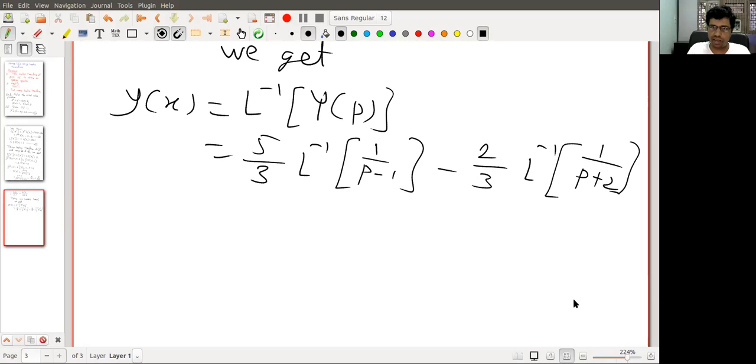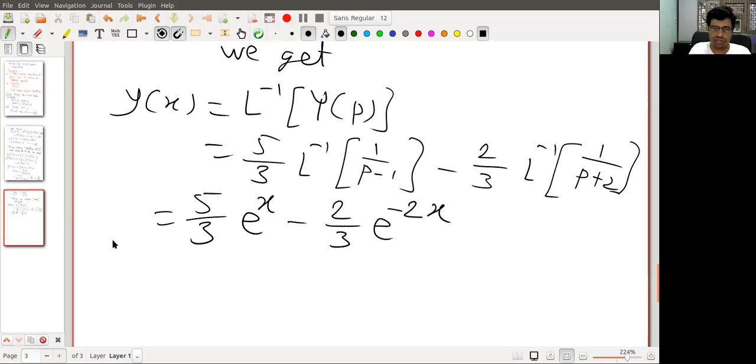So L inverse of 1 upon p minus a is e raised to ax. So this is 5 by 3 e raised to x, a is 1 here, minus 2 by 3 e raised to minus 2x, since p minus a, so a should be minus 2.